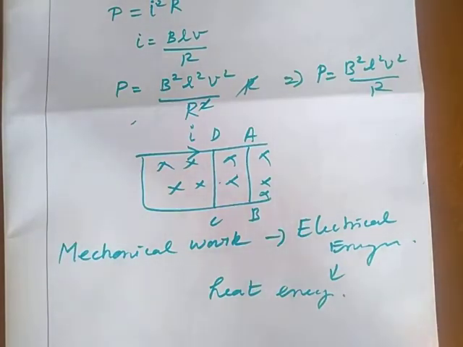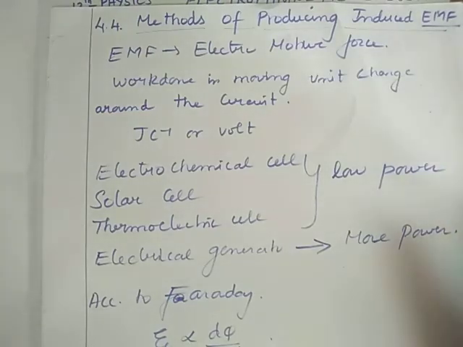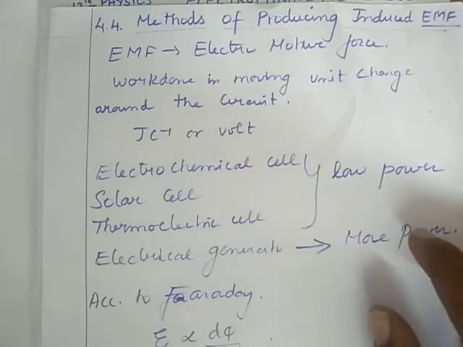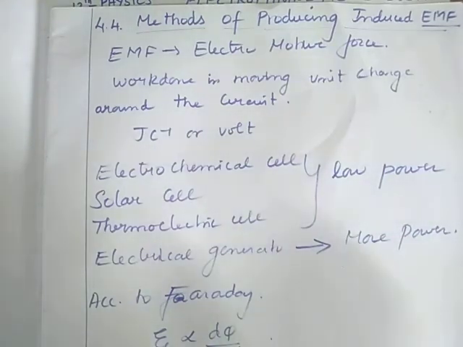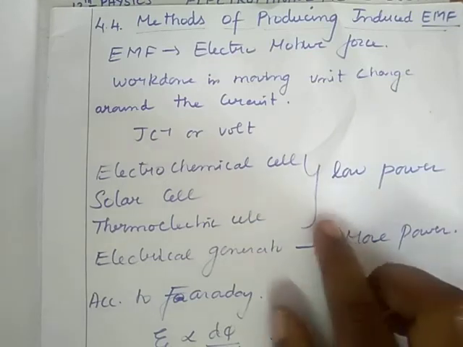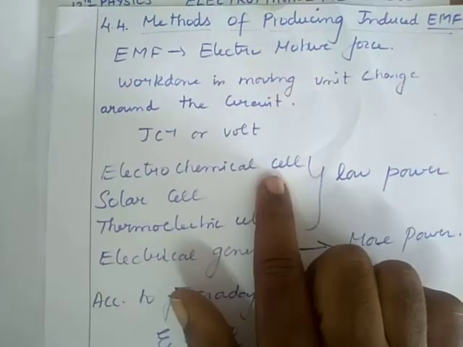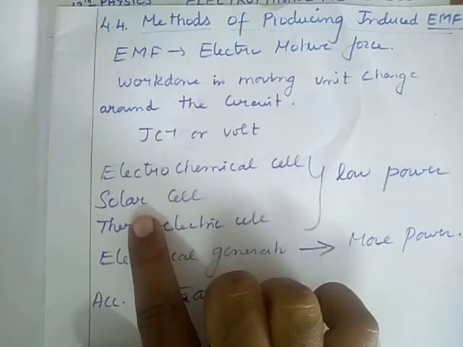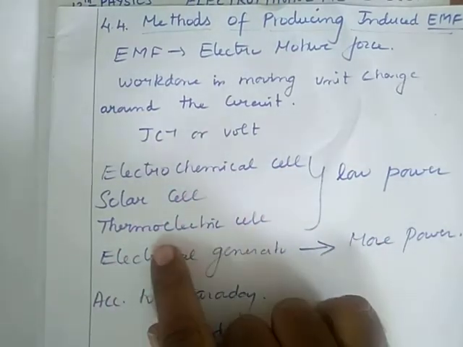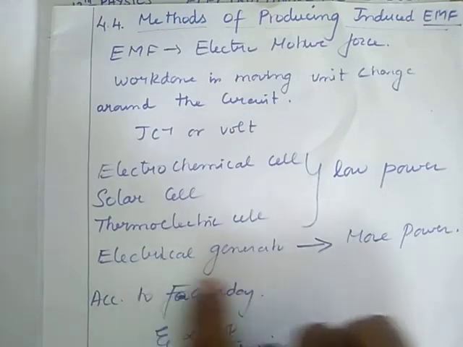Okay, see my dear students, in today's video we learn about EMF. We know EMF is electromotive force. It is basically the work done in moving an electric charge around the circuit. We know some example energy sources of EMF: electrochemical cell, solar cell, thermoelectric cell and electrical generator.